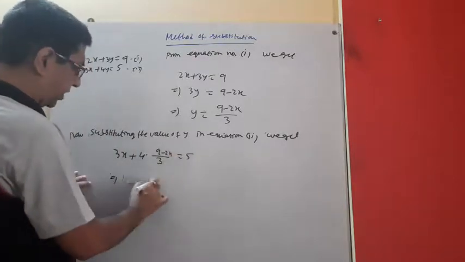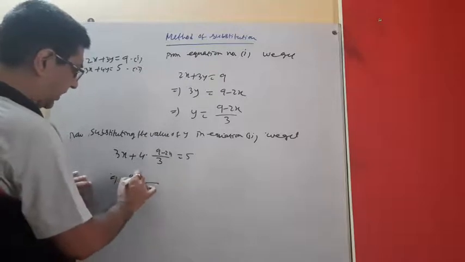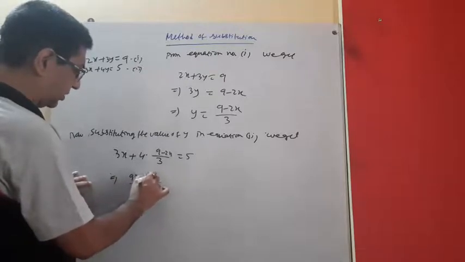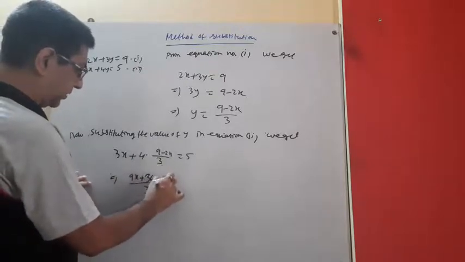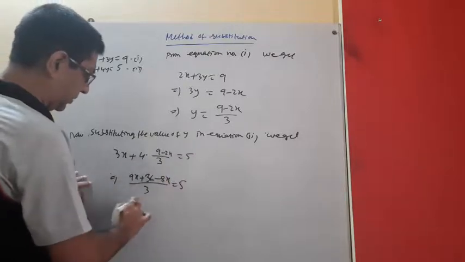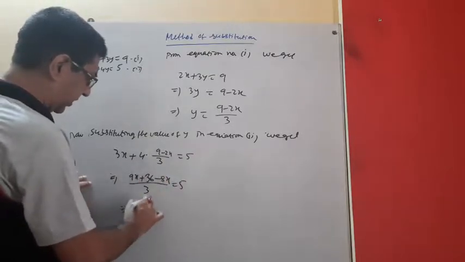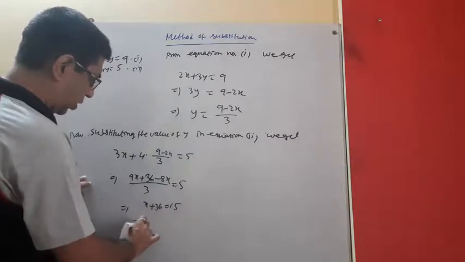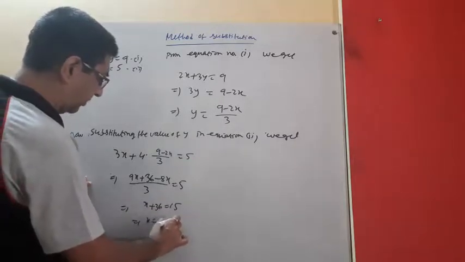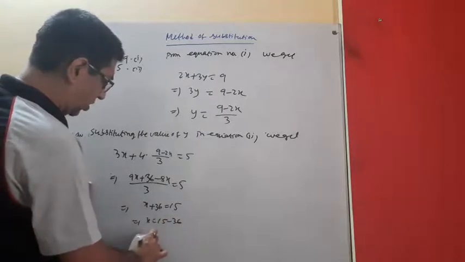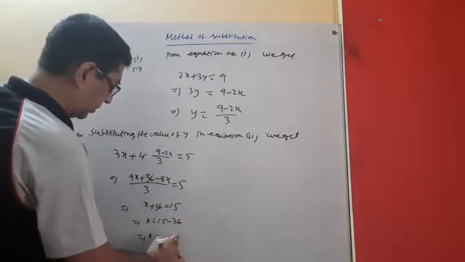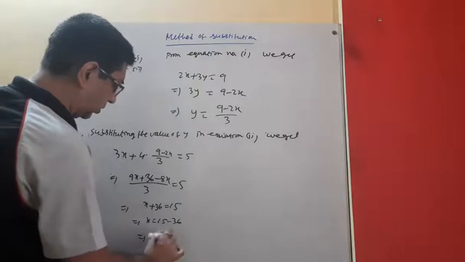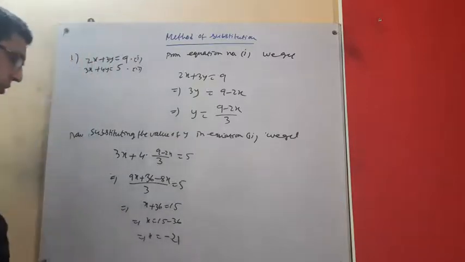So 3 is the LCM: 9x plus 36 minus 8x equal to 15. That means x plus 36 equal to 15, so x equal to 15 minus 36, x equal to minus 21.